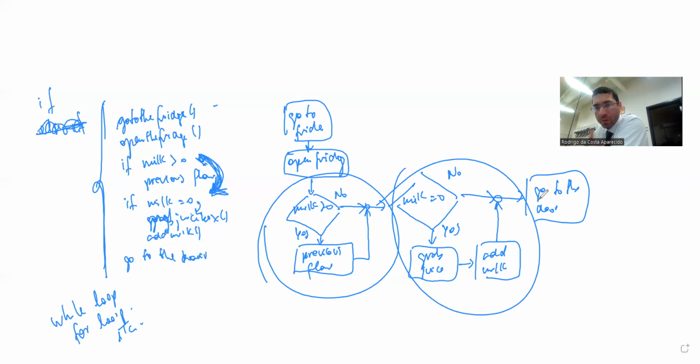You don't know how the code is going to look before you do it. All right. I hope it clarified what's expected from you guys to do a block diagram.